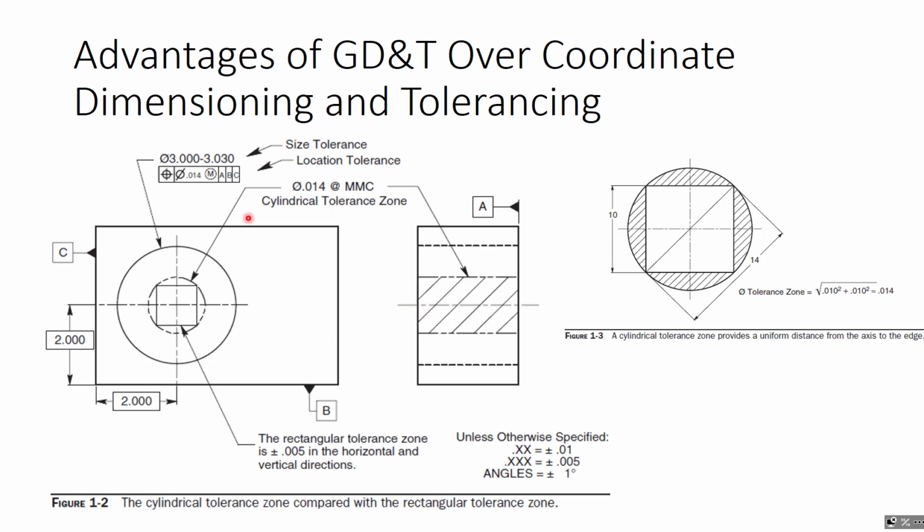When we call out position of a hole, we're not really saying the diameter is a circle, but really the diameter is a cylinder. So it's a cylinder with that diameter of 0.014, this circle here. But ultimately, it's a full cylinder where that axis can fall.